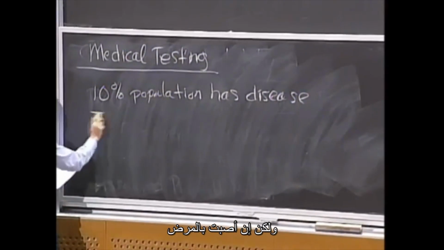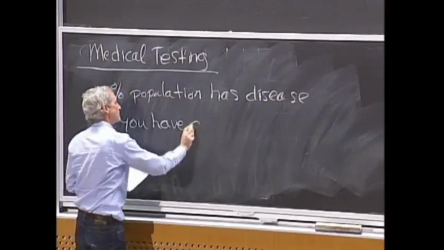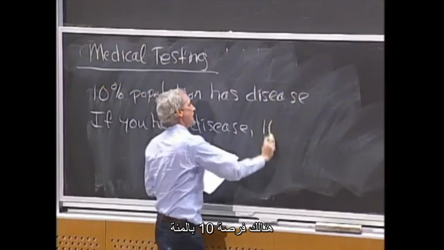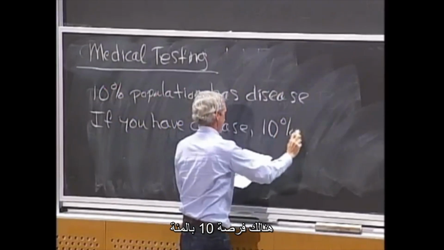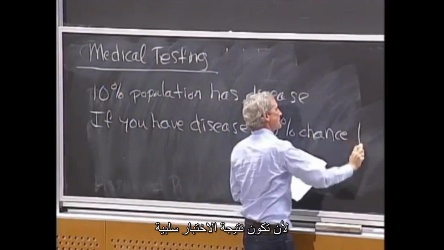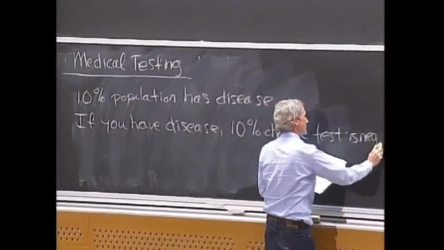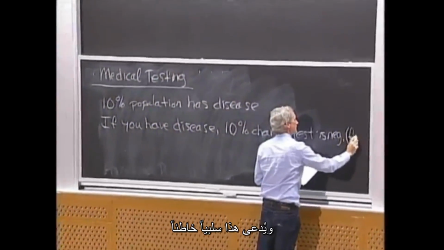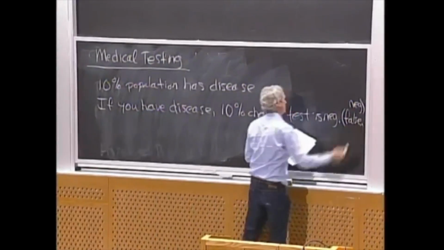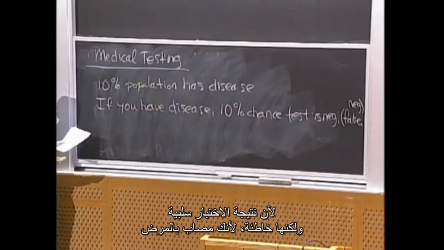But if you have the disease, there is a 10% chance that the test is negative. And this is called a false negative, because the test comes back negative, but it's wrong because you have the disease.